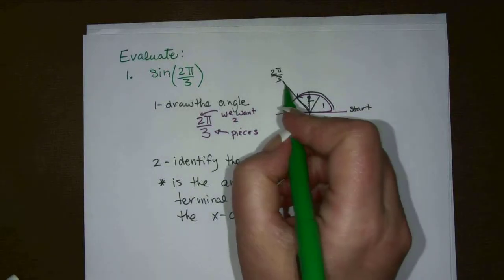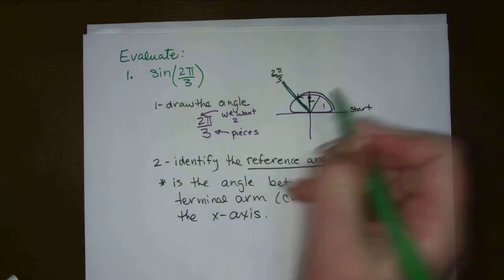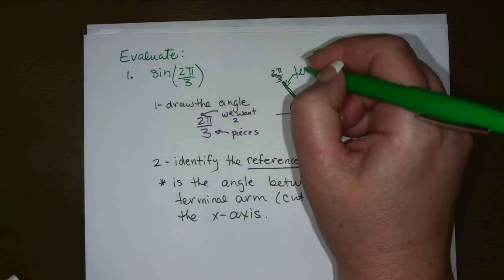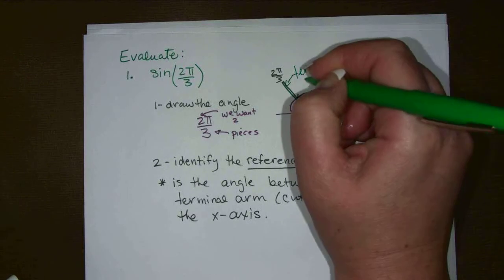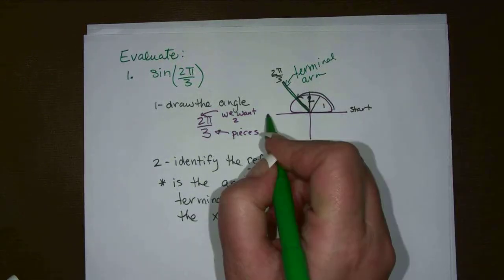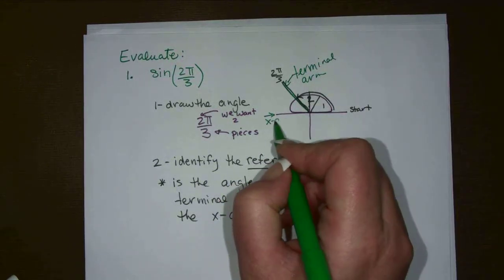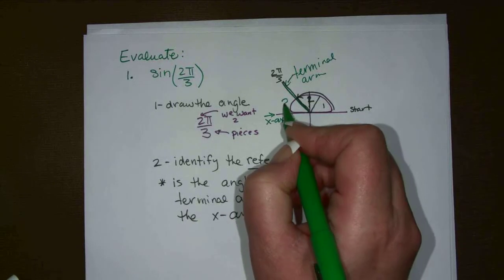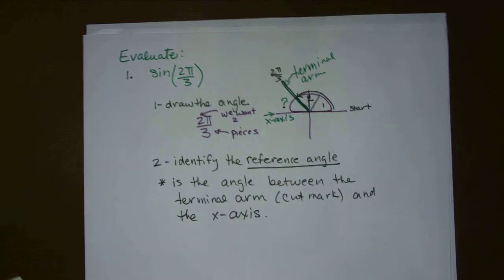So here's the terminal arm, and here's the x-axis, and right in here is called the reference angle. You're going for the smallest piece. It's usually one piece.